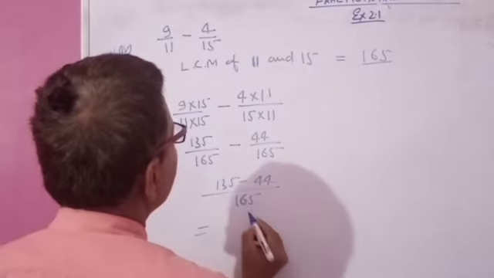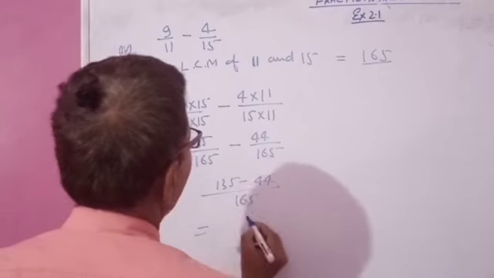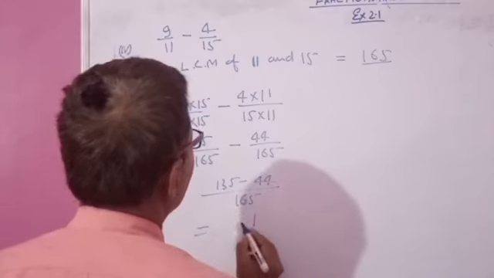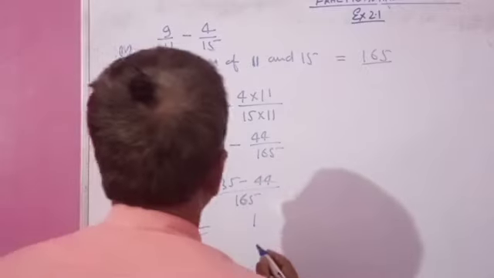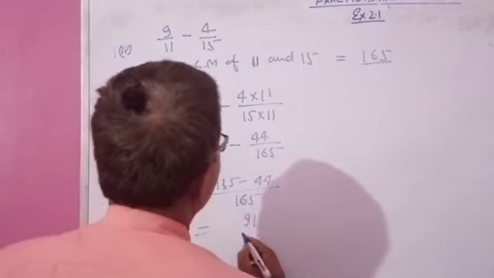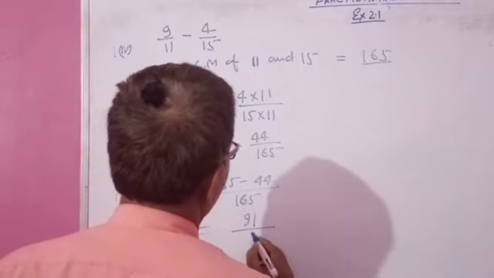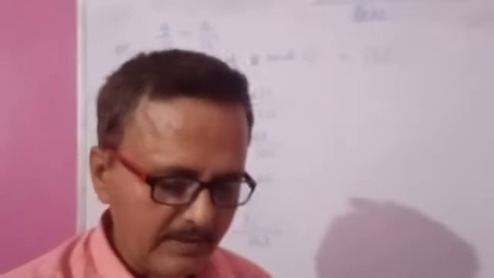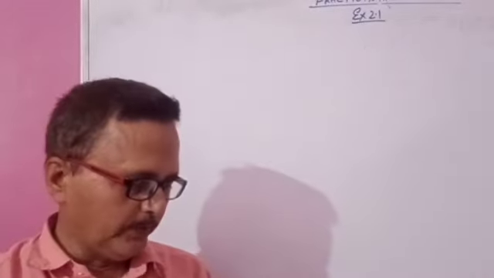We will subtract: 5 minus 4 is 1, 13 minus 4 is 9, so 91 upon 165. This is the answer. We will do question number 2.